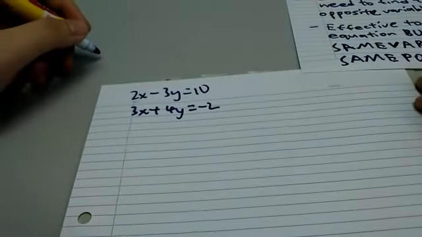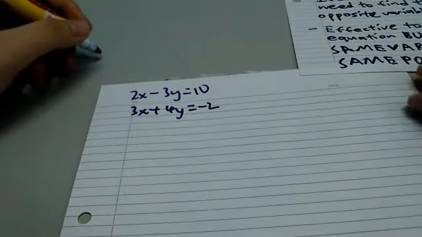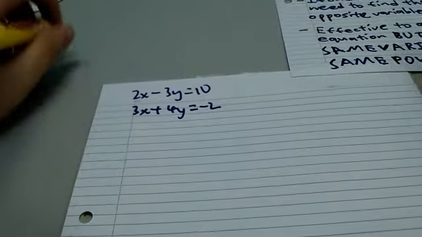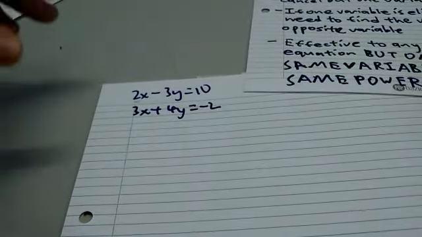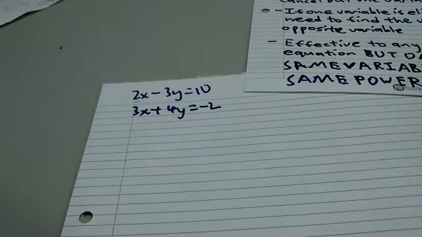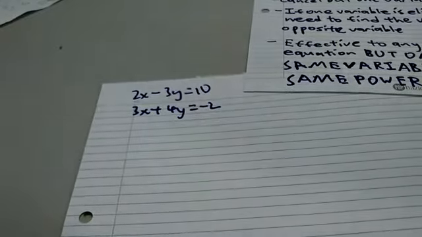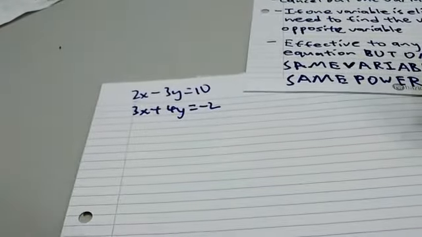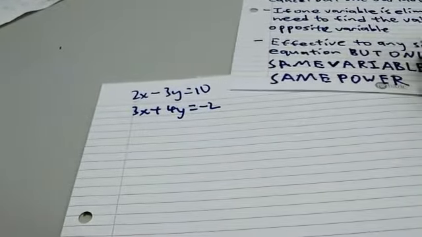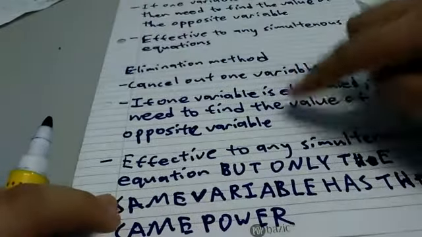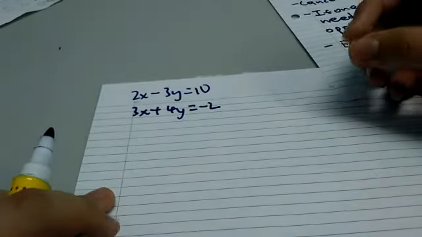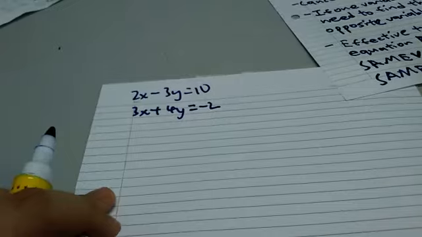So let's find the value of x, but there's one consideration: we need to avoid finding the value of y. So if I want to find the value of x, we need to eliminate the variable y.